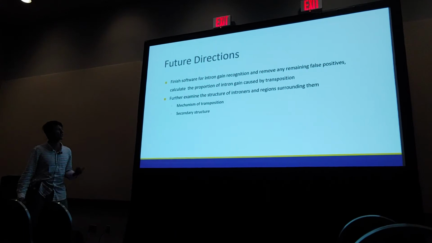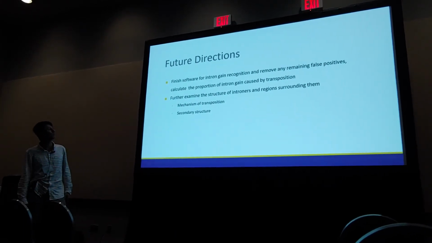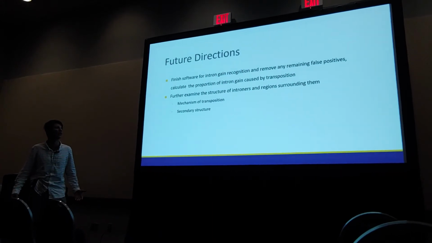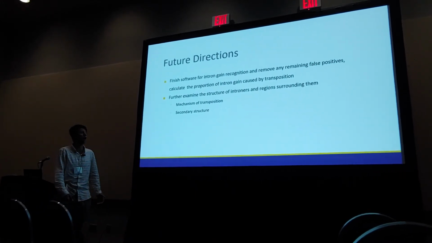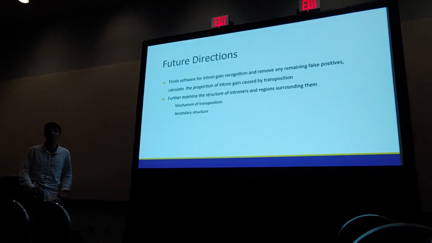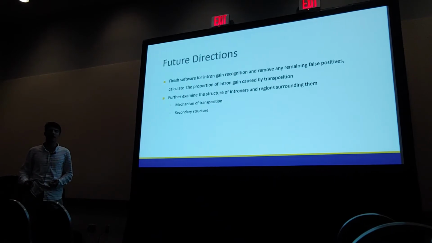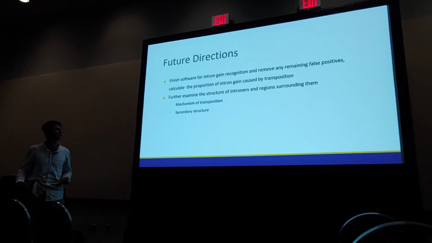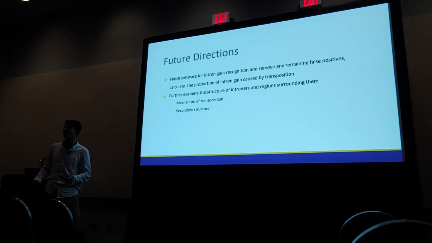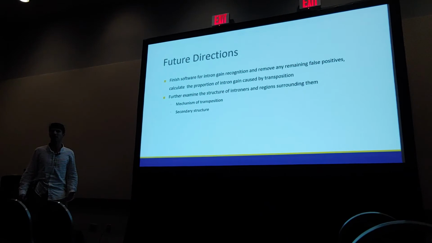So basically, future directions: finishing that last part of the pipeline, and further examining the structure of introners and regions surrounding them. And this is something I really am interested in. Huff et al., that paper, explained that a lot of these introner elements exhibited target site duplications around their insertion sites, and I would like to look for those systematically throughout our data sets and see how that maybe suggests other mechanisms.